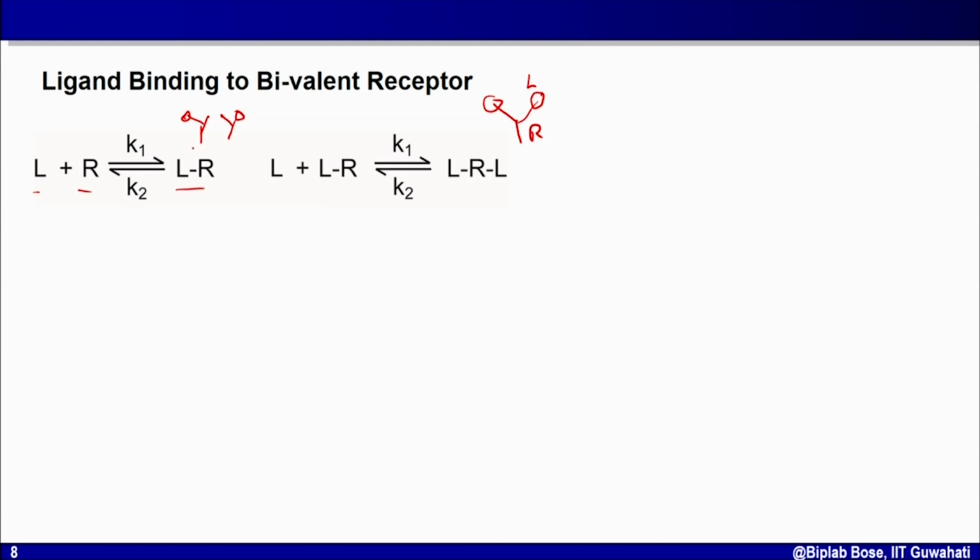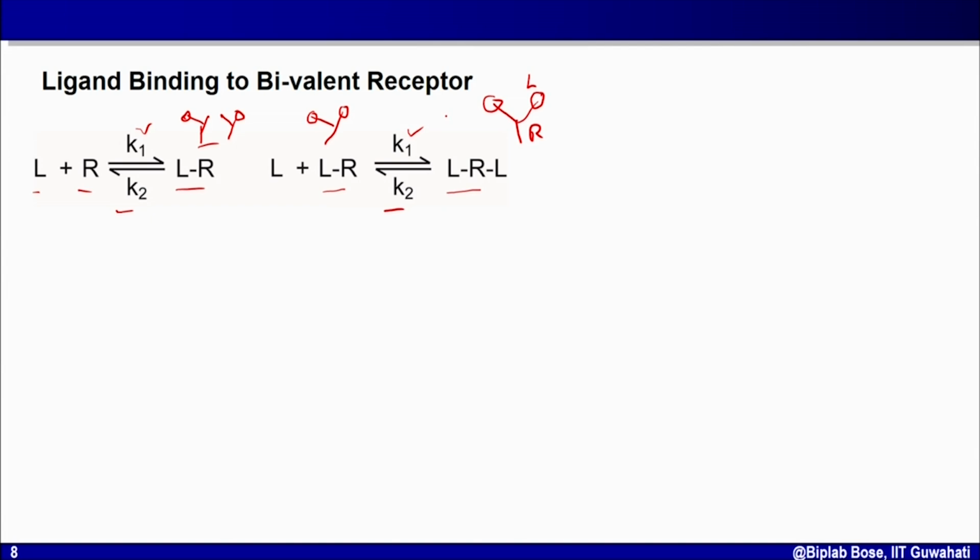Then once they are formed, the second ligand can come and give rise to the final complex where both the hands of the receptor are binding the ligand. That is L binding to LR to give rise to LRL. All these binding processes are non-covalent interactions, so all are reversible. That's what I have shown here. To simplify the process, I have considered that the forward rate constant for the first ligand binding is K1, and it is the same for the second ligand binding.